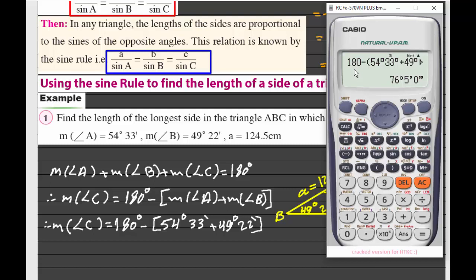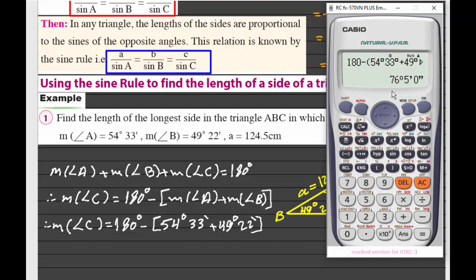Here we write 180 degrees minus 54 degrees 33 minutes plus 49 degrees 22 minutes. Then press equal. This is the result here. It is a fraction 913 over 12, and we press the degrees-minutes button.